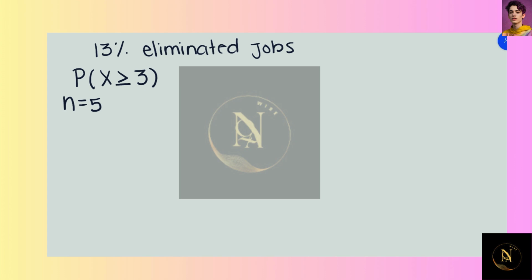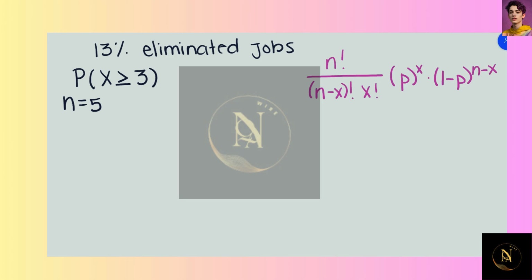So we are going to use the binomial distribution probability formula here. n factorial over (n minus x) factorial times x factorial, times p to the x times (1 minus p) to the n minus x.